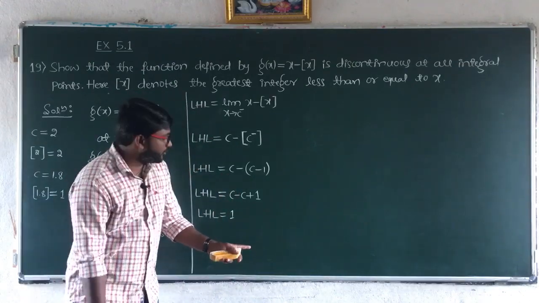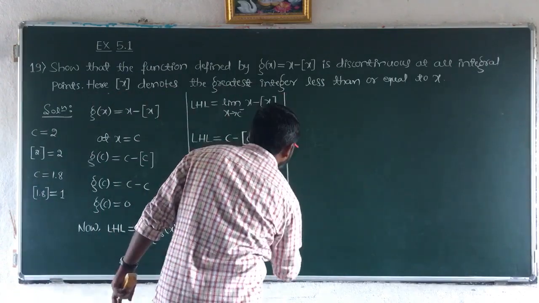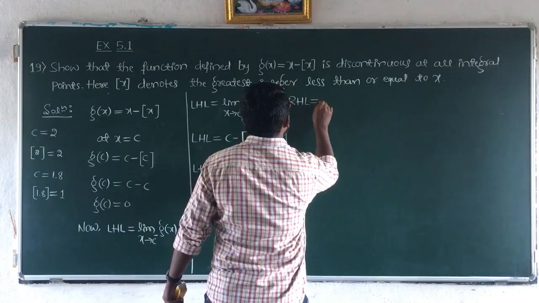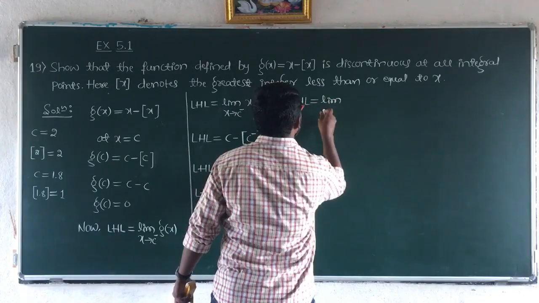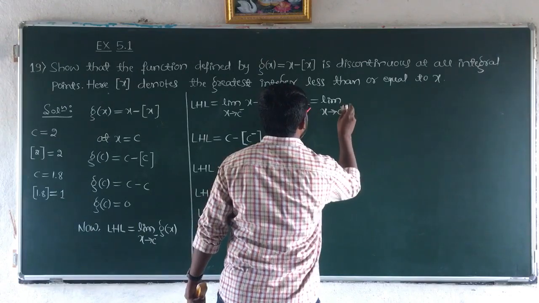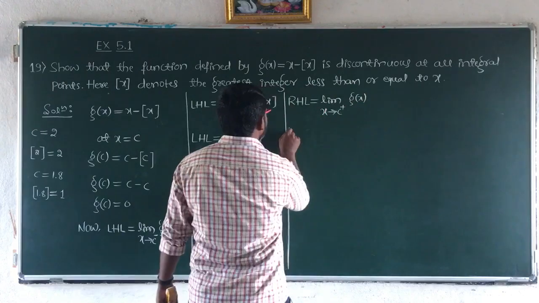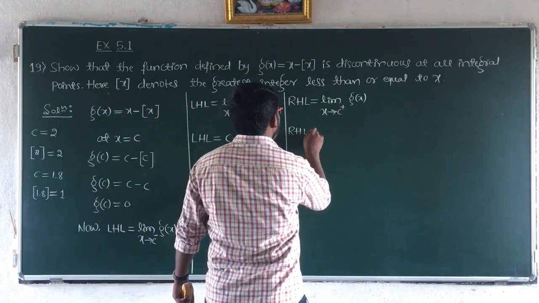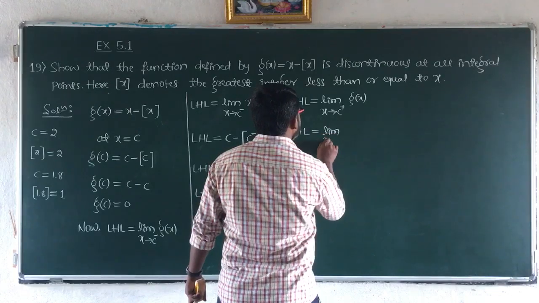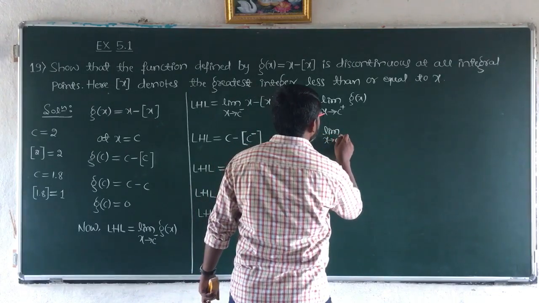Next we will have to go for the right hand limit. So, let us go for the RHL. So, RHL which is equals to limit x tends to c plus g of x. Then RHL which is equals to limit x tends to c plus g of x.